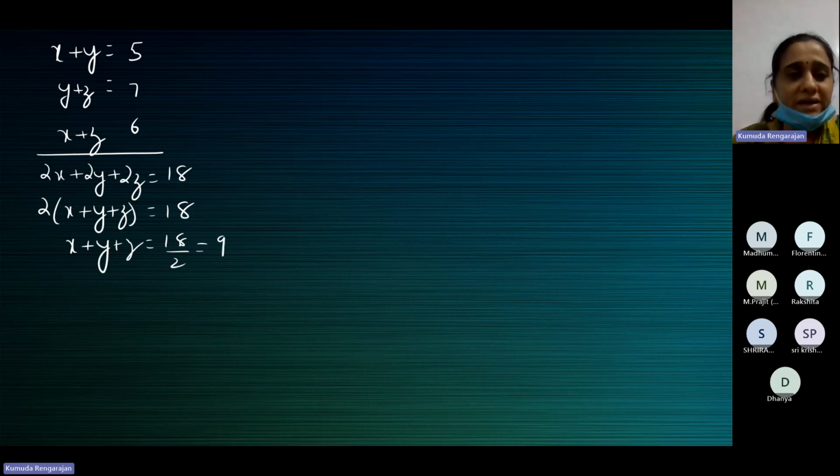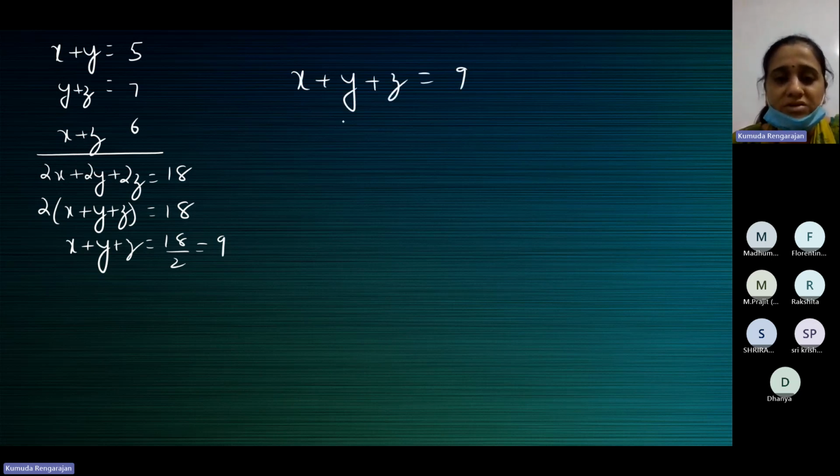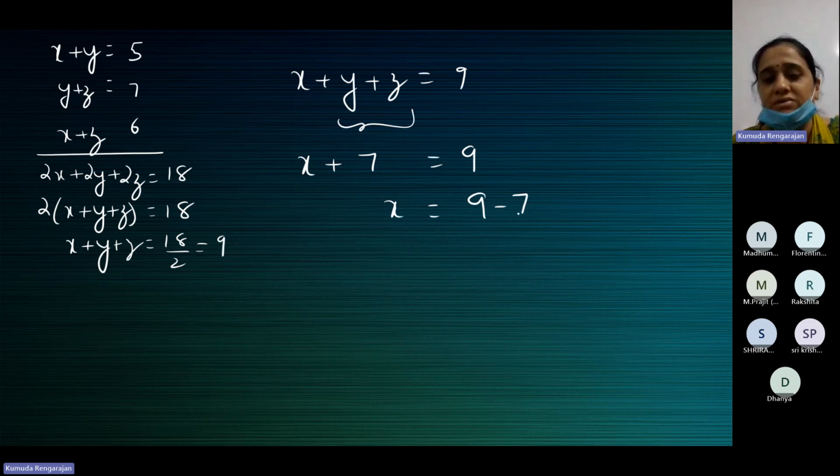Since we have to find x, we know that x plus y plus z is equal to 9. But what's the value of y plus z? X plus 7 is equal to 9. So x is equal to 9 minus 7. X is equal to 2, so the required radius.